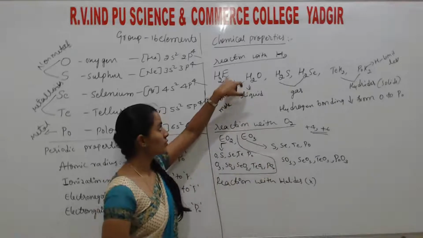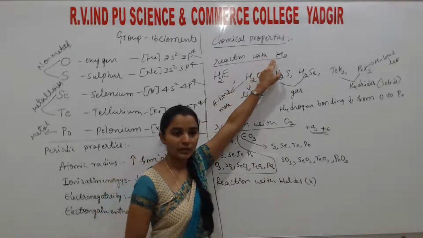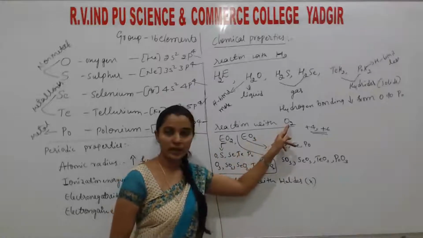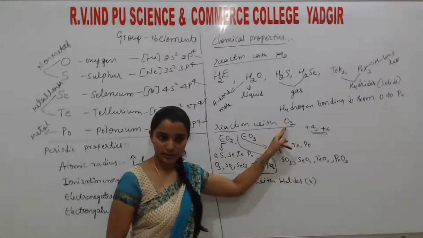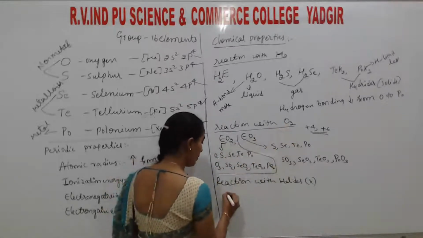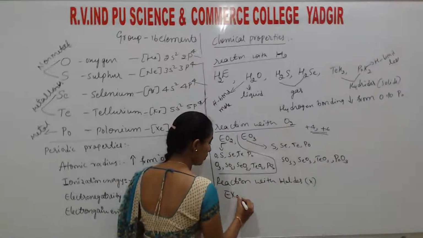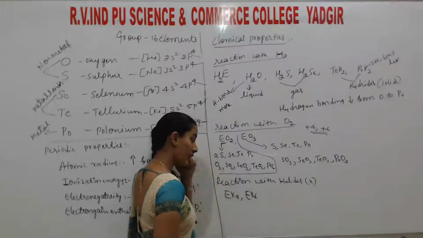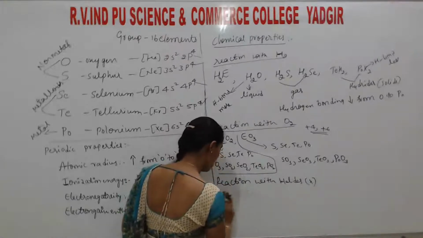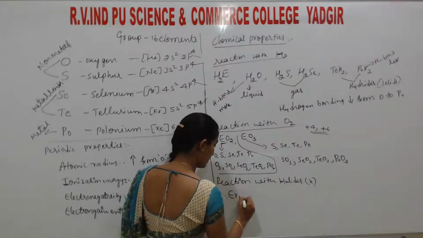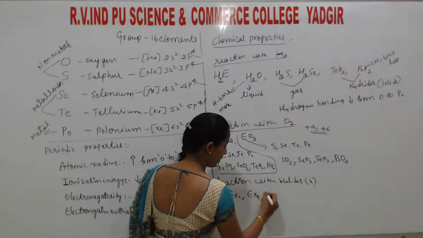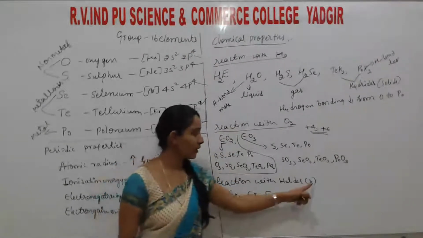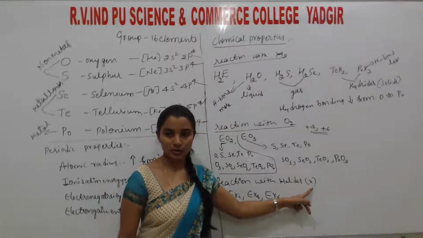This is the chemical property. They form H2E type compounds when they react with hydrogen. They form EO2 and EO3 type compounds when they react with oxygen. Next, they form EX2 as well as EX4 and EX6 type compounds when they react with halogens.